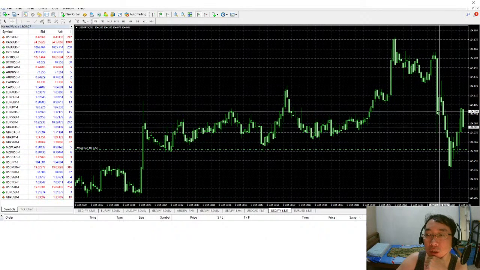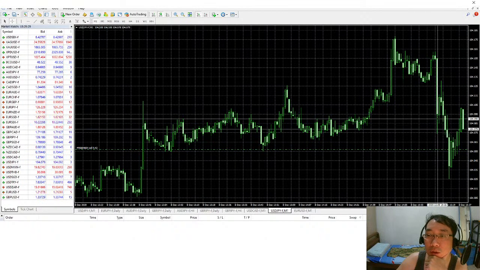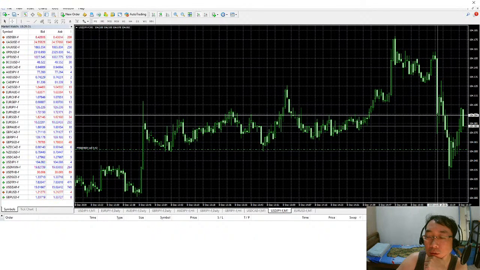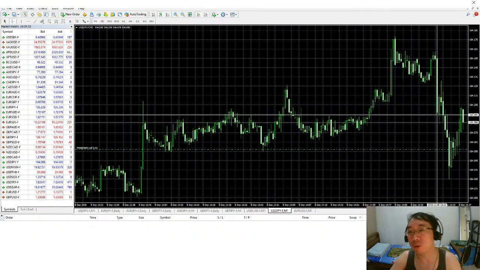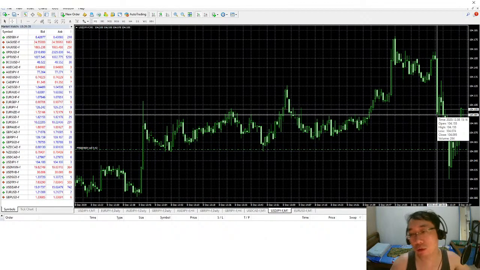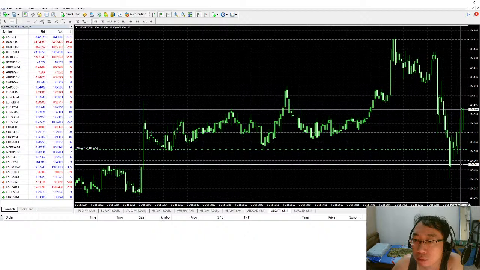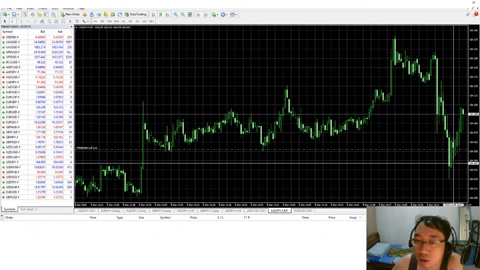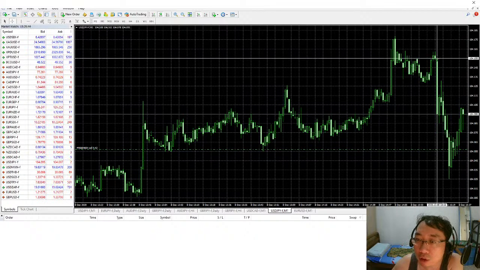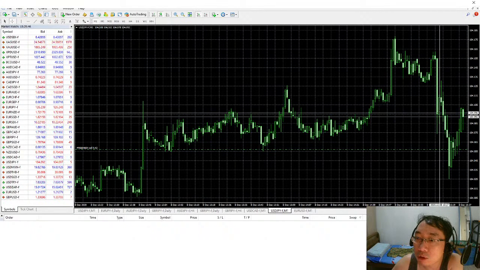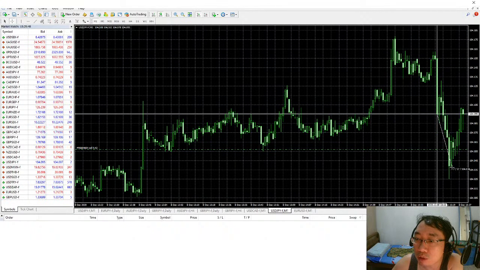So USD Japanese yen, there was a big movement here. It kind of rebounded up. Yeah, so it's really volatile. This 59, yeah, this was a very big move.